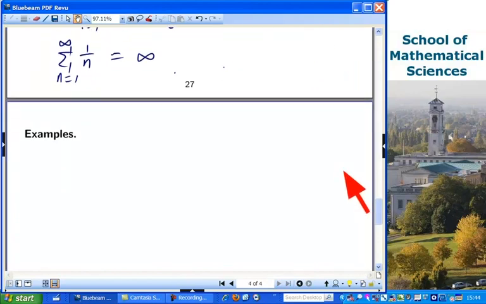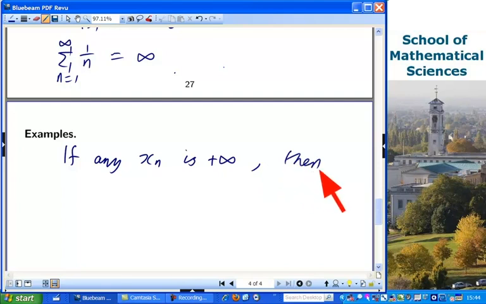Right, examples. I'll just finish those examples with the other thing I was going to say: if any xn is plus infinity, I'll write plus infinity for once, just to remind you, then the sum from n equals 1 to infinity of xn is plus infinity as well.